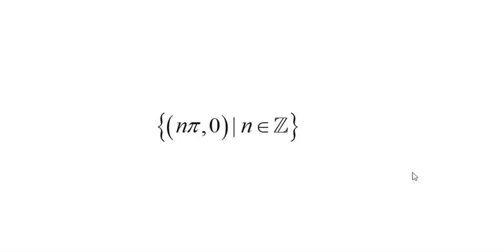Specifically, if we're looking at the set of points, ordered pairs, their coordinates, where the sine of the input is 0, these look like this. Okay, they are ordered pairs, so that's parentheses with a comma. The second coordinate is 0 if it is on the x-axis.